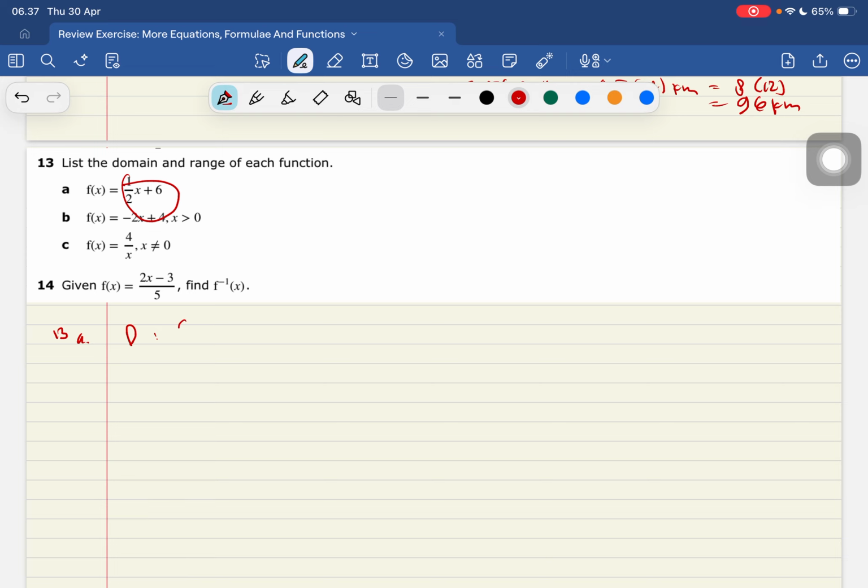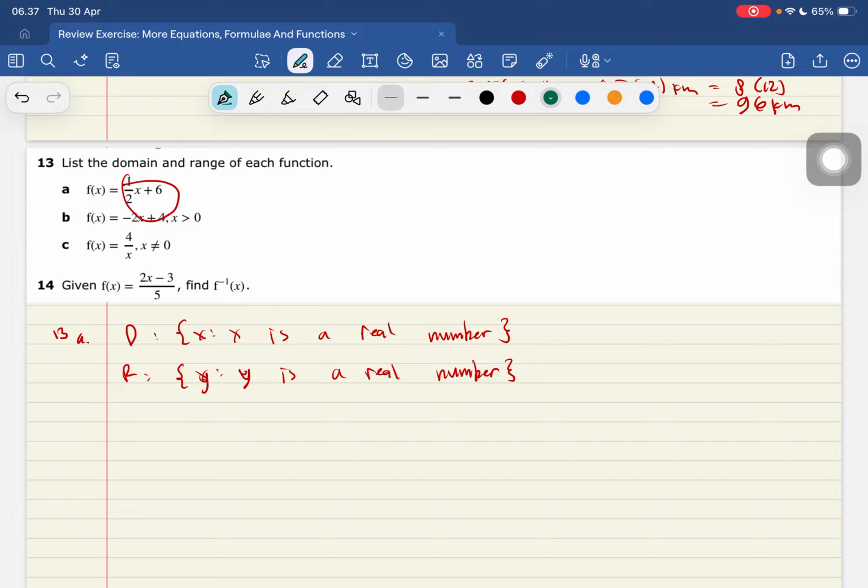So we can write x is a real number. And then for the range, as x will be a real number, y is a real number.